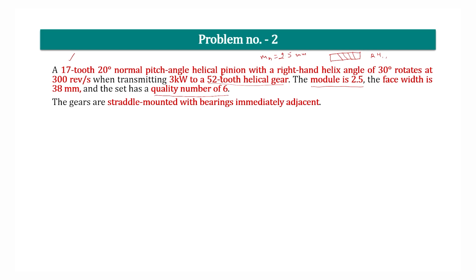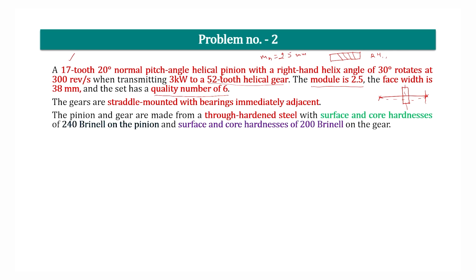The quality number, the way it will be mounted and the way it is made are also given. The gears are straddle mounted with bearings immediately adjacent. That means the orientation of the bearings and the gear is given. Straddle mounted means a simply supported arrangement, and the bearings are just adjacent to the gear. It means there will not be too much deflection of the shaft, so the mounting is very good. The pinion and gear are made from through hardened steel with surface and core hardnesses of 240 Brinell.